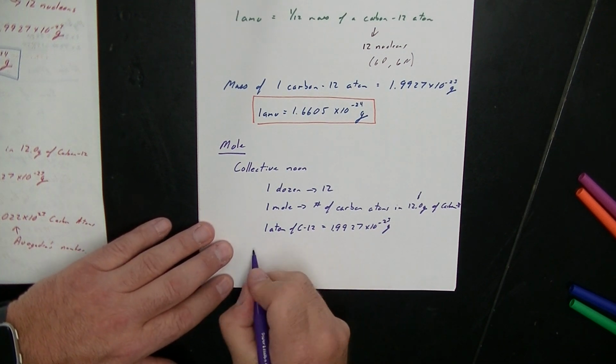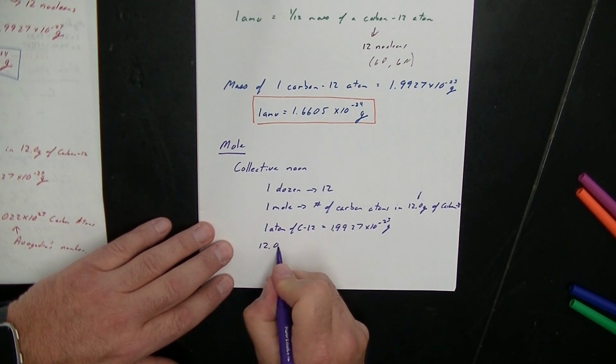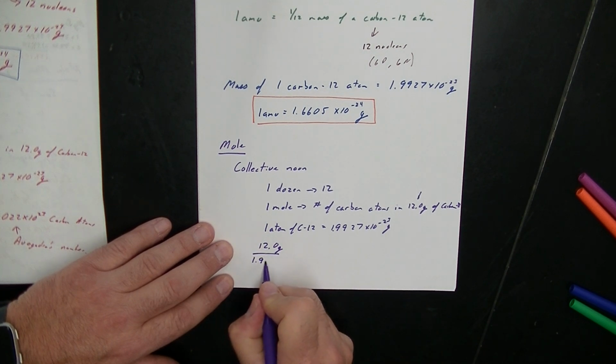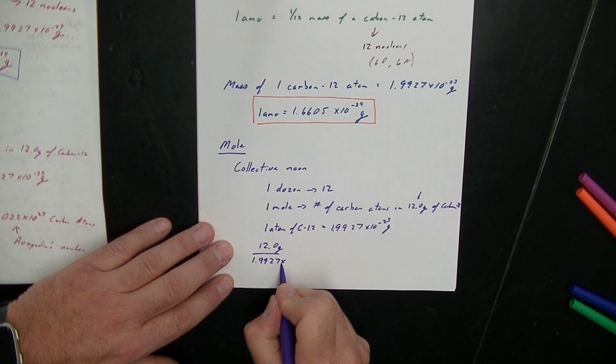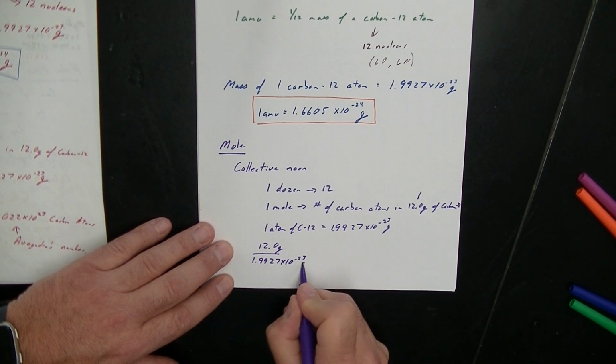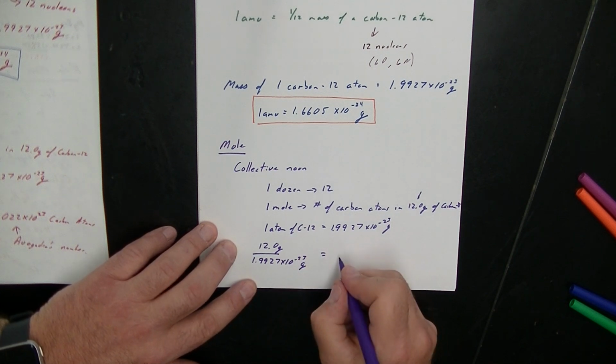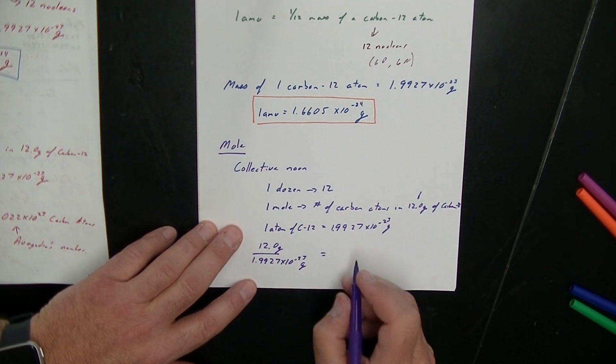So if I take 12.0 grams of carbon 12 and divide it by 1.9927 times 10 to the minus 23rd grams, that gives us a special number. And it's how we come up with Avogadro's number.